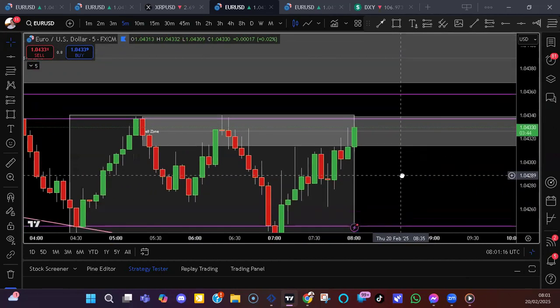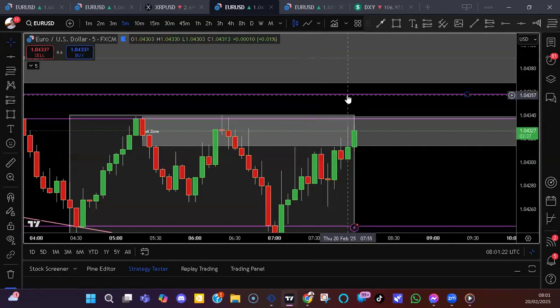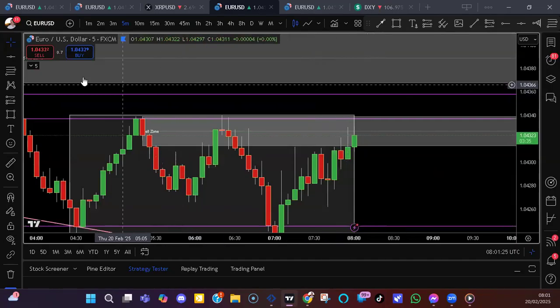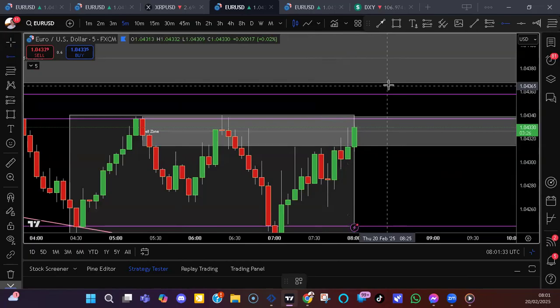Don't forget the bigger picture is to break out to the upside, but then we've got a support and resistance line there to have a look at. But we'll mark up the zones nevertheless. Zone up here, sell zone.